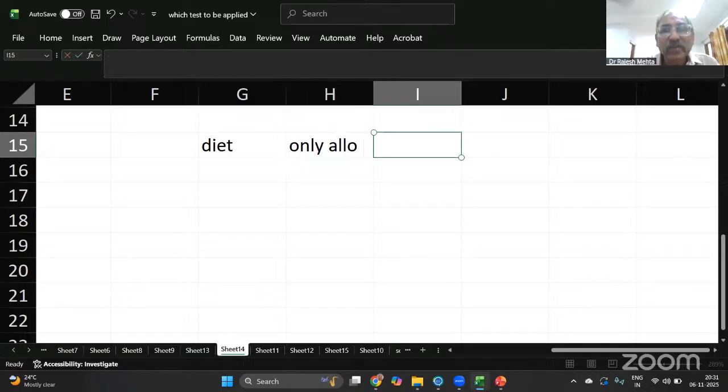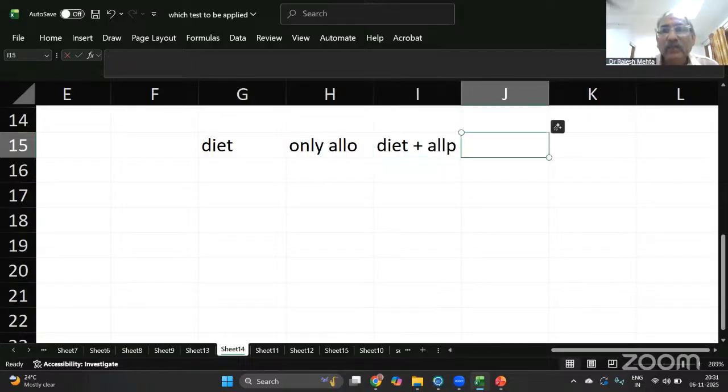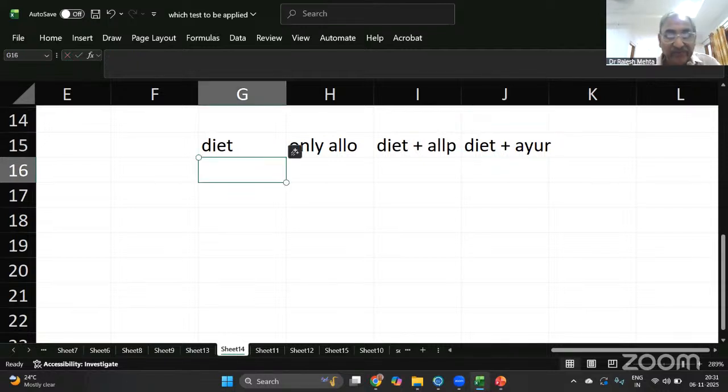Other group of patients, you gave diet plus allopathy. And fourth group, you gave diet plus Ayurveda. And now, very small sample, you have only 5 patients and you want to see the improvement over here.